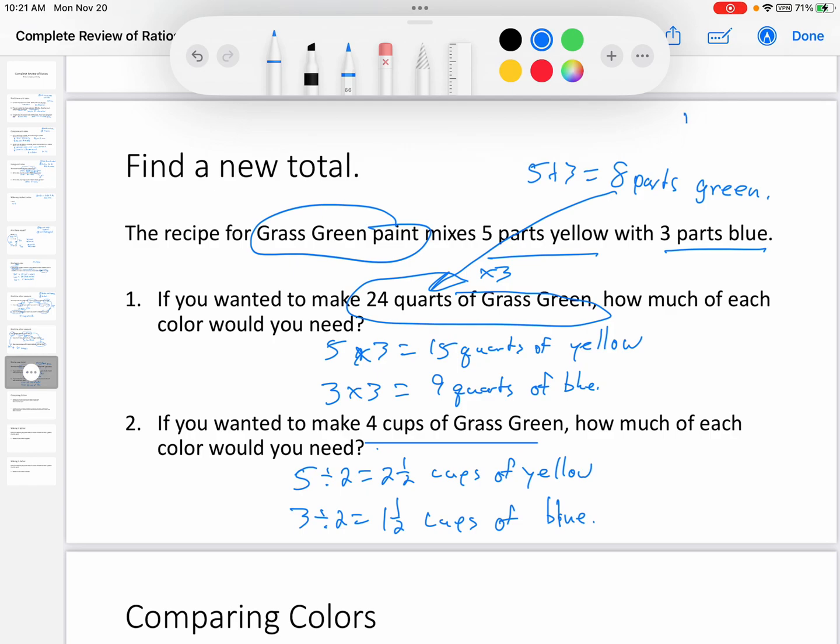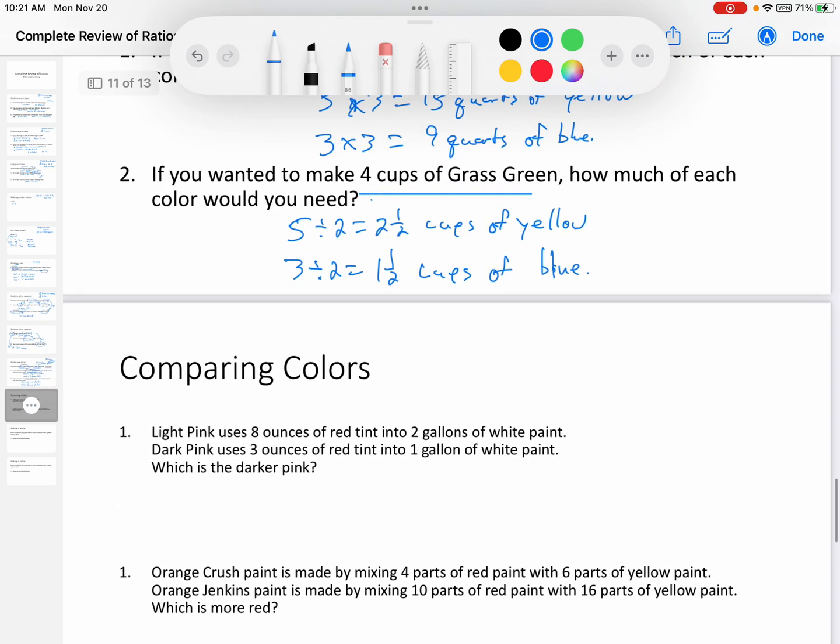You find out what happens, and then you do that. This was multiplying by 3, so we multiplied by 3. The bottom one was dividing by 2, so we divided by 2.